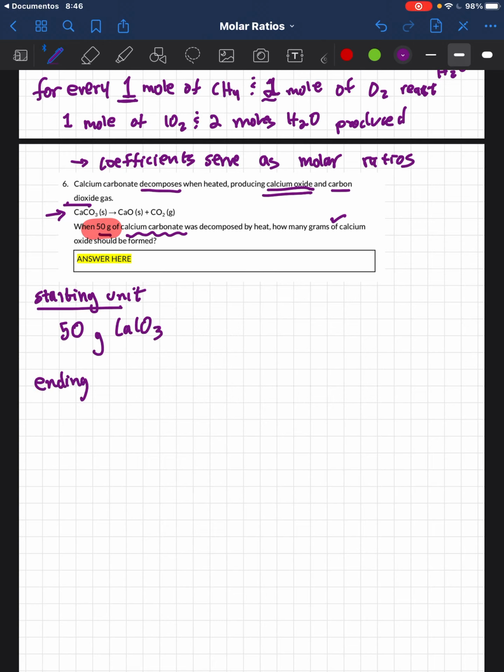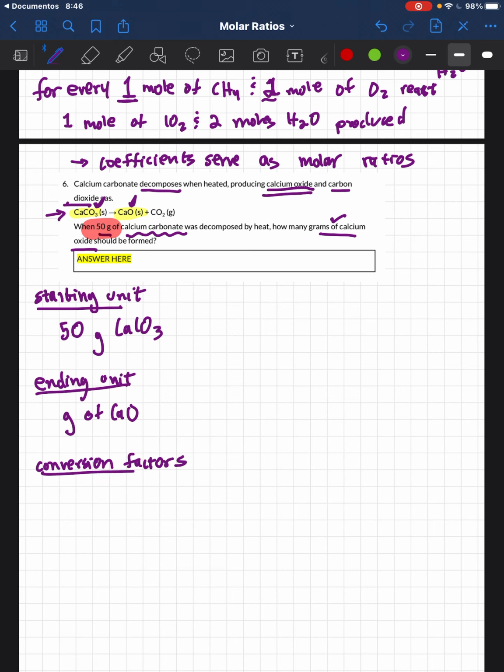Ending unit. What unit do I need to end in? Grams of calcium oxide. Well, am I able to convert directly from grams of one thing to grams of another? I am not. How do I change from units of one thing to units of another in the same reaction? Well, I need to use moles.